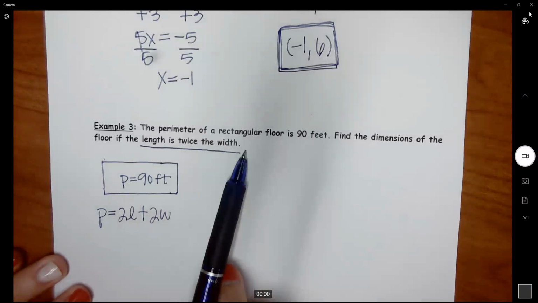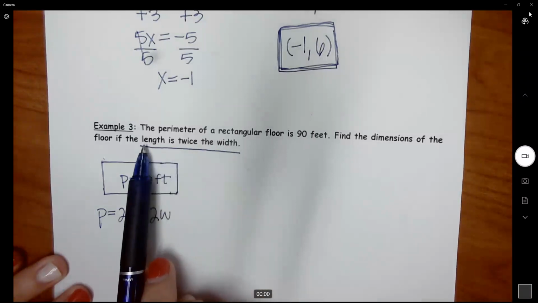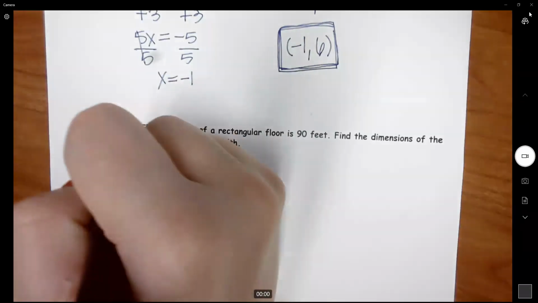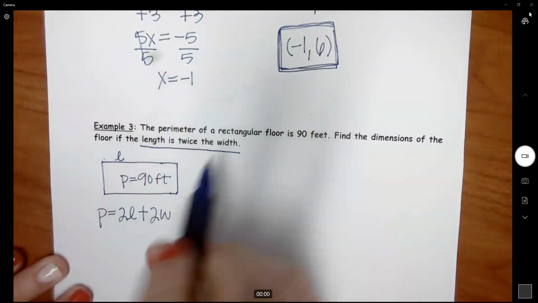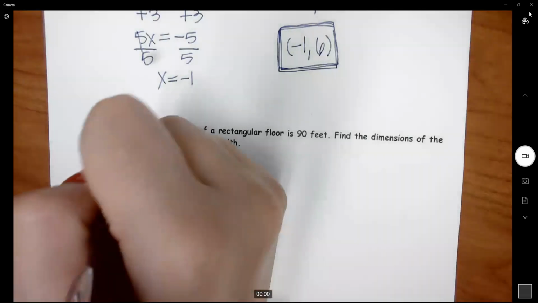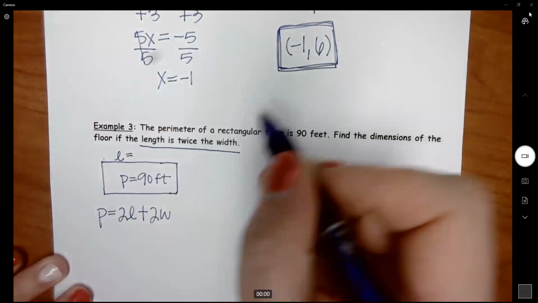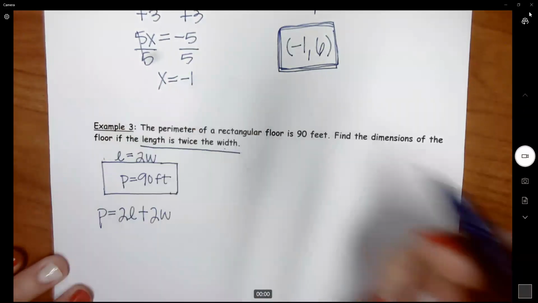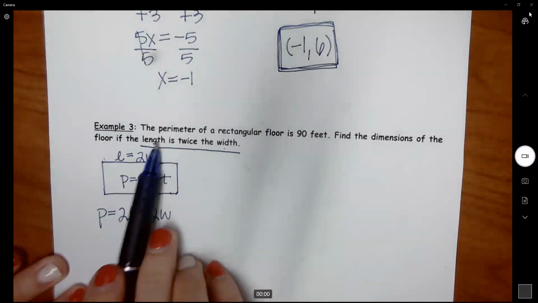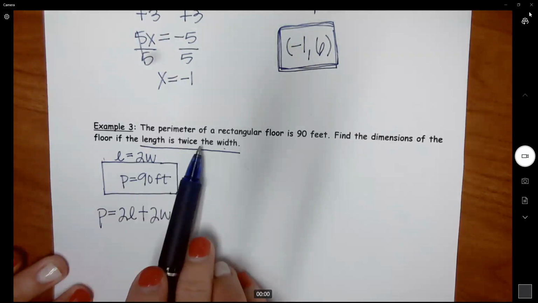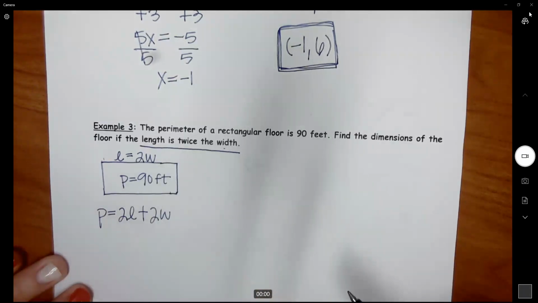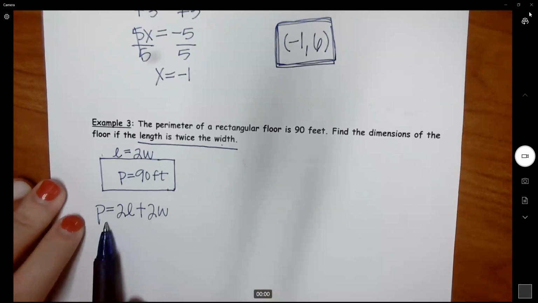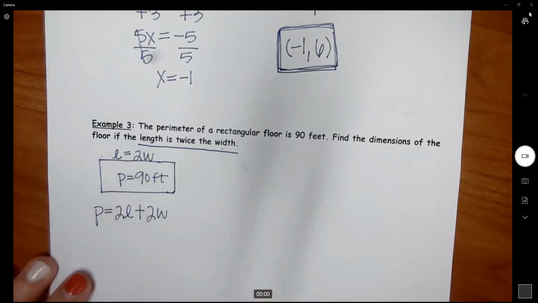When I read this sentence, I write it exactly the way it looks. The length, which is right here, is, meaning equals, twice the width. Length L equals twice the width, which is 2W. So these are my two equations.